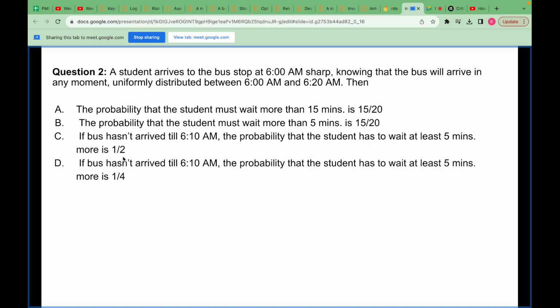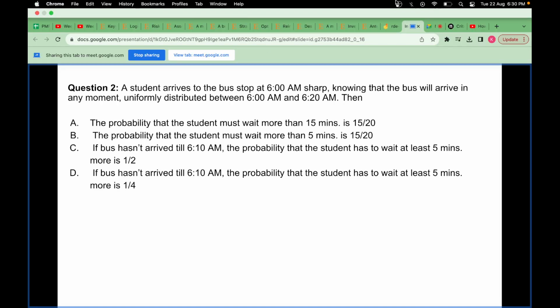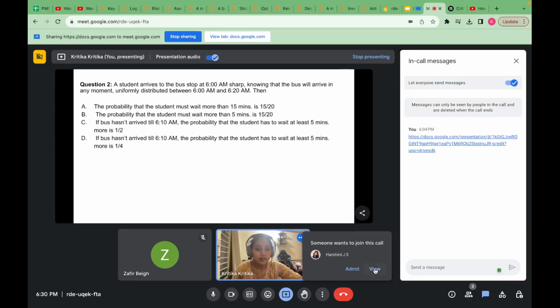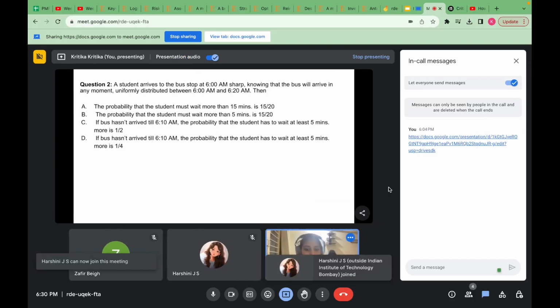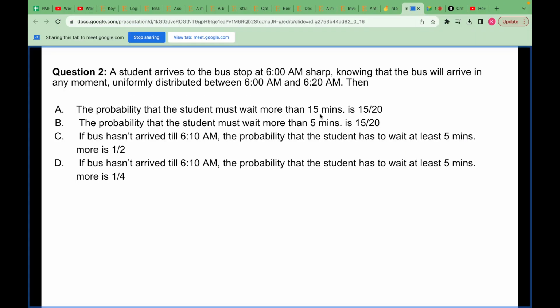So what it is saying is, suppose the student arrives at 6 a.m. but the bus hasn't arrived till 6:10 a.m. Now the probability that the student must wait at least 5 minutes means that the bus will arrive after 6:15 a.m. Okay.